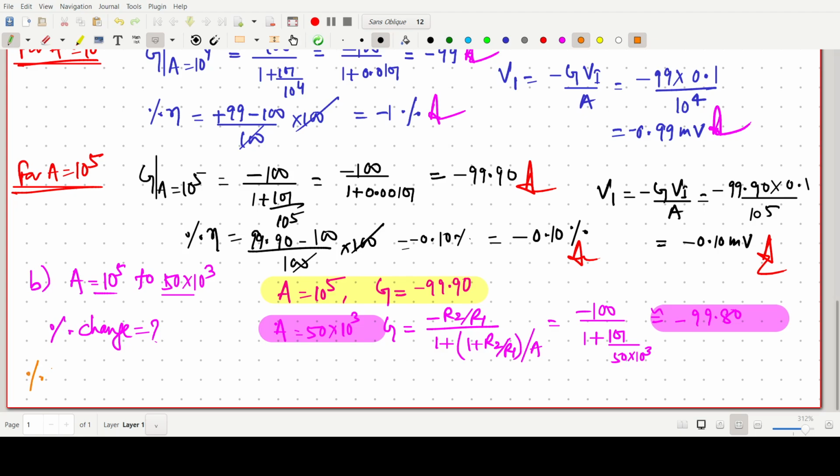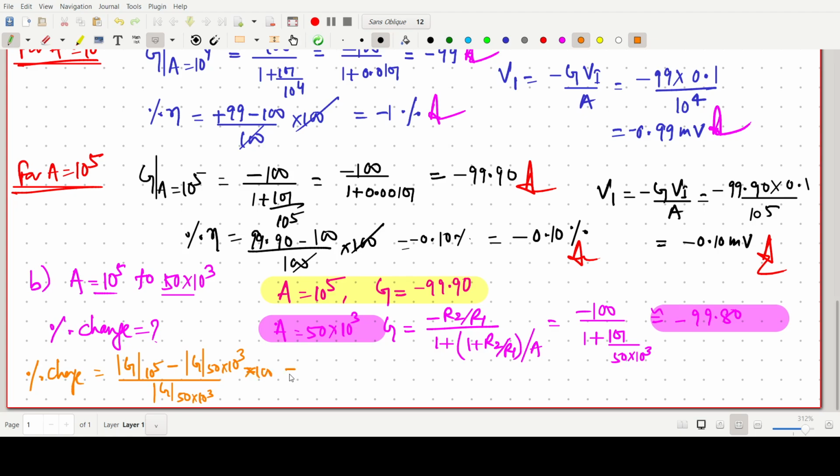This percentage change will be the magnitude of gain at 10 to the power 5 minus gain at 50 into 10 to the power 3, when the open loop gain drops by 50%. So we find the percentage change, into 100.